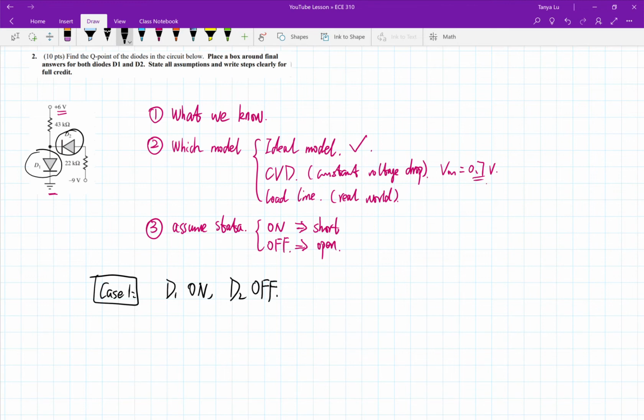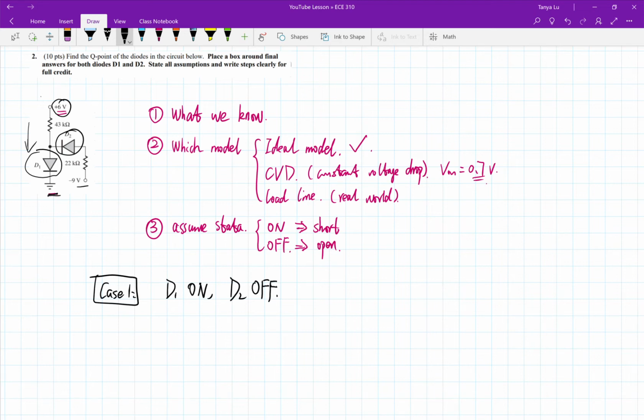Why do I make this assumption? It's because we can see here is 6 volts and here's ground. We know current flows from high voltage to low voltage, so I assume maybe here's a current flow this way. So it seems like my D1 could be on, right?